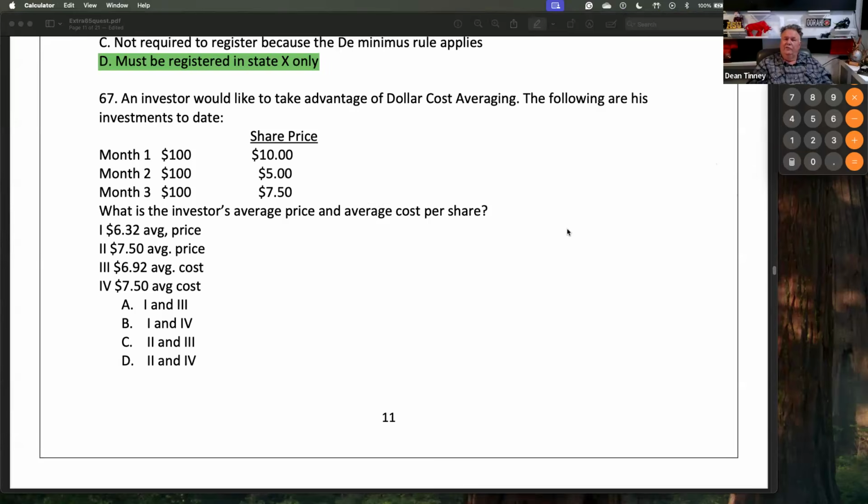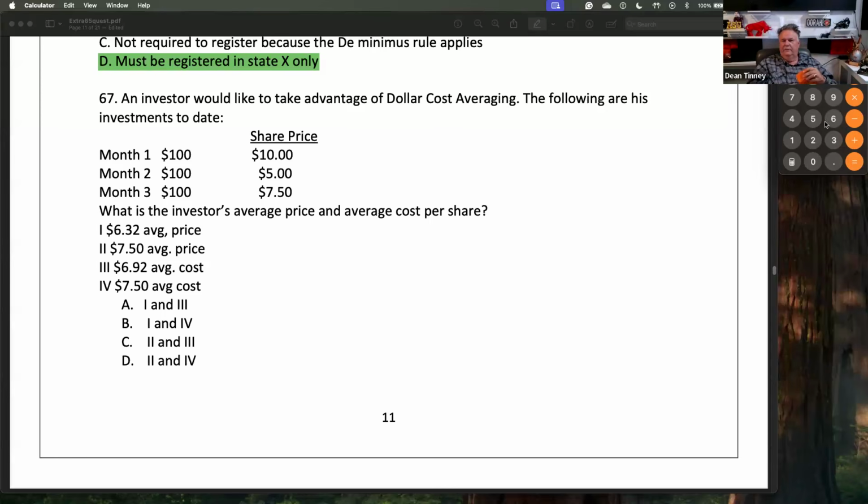Just knowing the relationship of the numbers, I didn't have to do the math because I know what makes it work. Fixed dollars invested regularly. I know that I'm going to end up with a lower average cost than the average share price. You're doing exactly what you should be doing, which is buying more shares when they're low and less shares when they're high. Now let's see what the math is. So you got your calculator, 10 plus 5 plus 750.